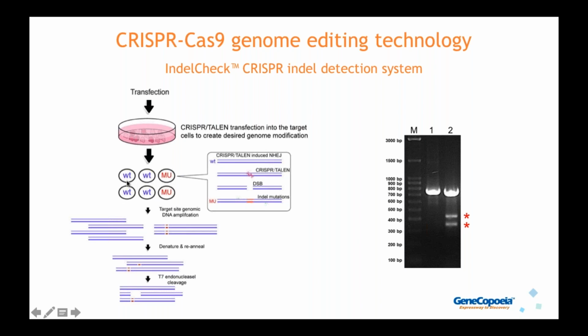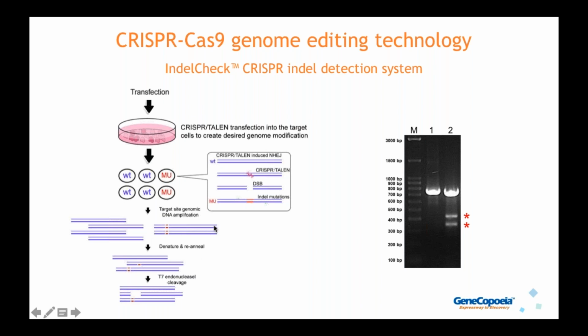Okay, and so when you create a PCR product using our target site PCR kit, you'll then get a mixed population of fragments that contain either the wild type allele or indel mutations. That mixed population is then heated to 95 degrees and then reannealed.